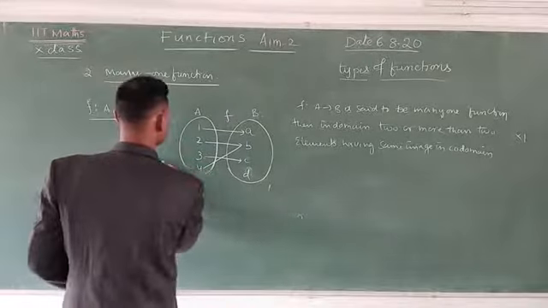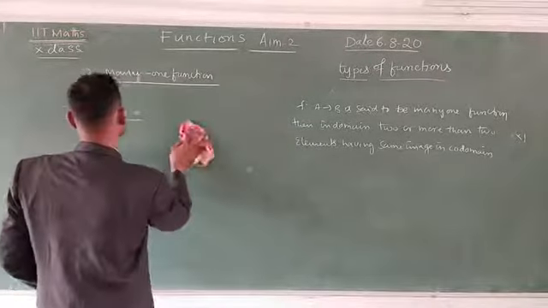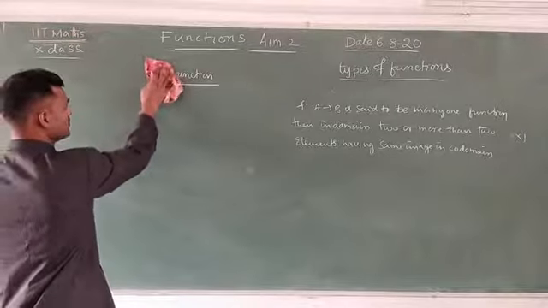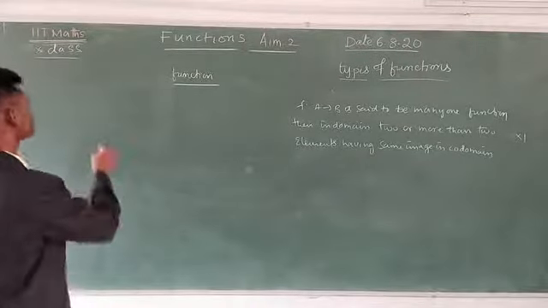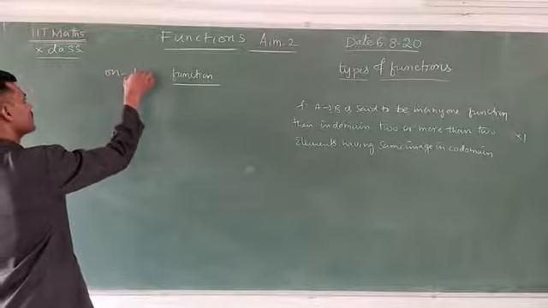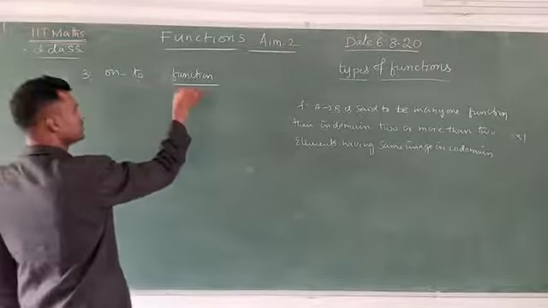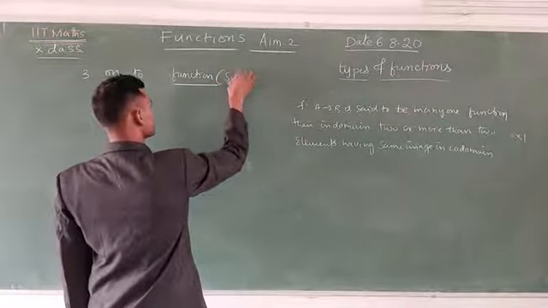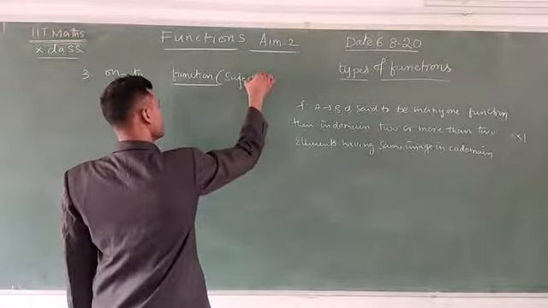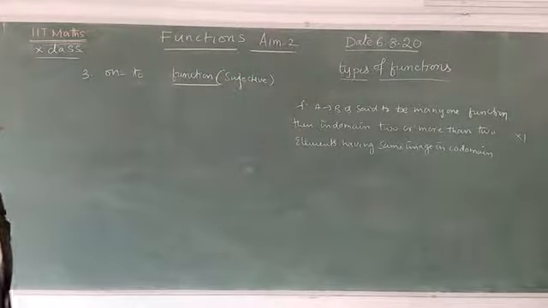Next one is onto function. Understand? This is many-one function. Now onto function. Onto function, another name is surjective function. Injective means one-one, onto means surjective function.